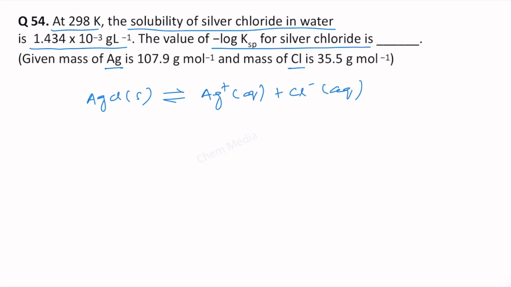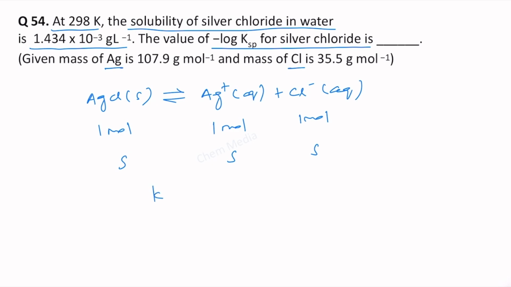What this means is that if we have 1 mole of silver chloride, we would get 1 mole of Ag plus and 1 mole of Cl minus. Therefore, if the molar solubility of silver chloride is S, then the molar solubility of Ag plus is also S, and the molar solubility of Cl minus is also S.